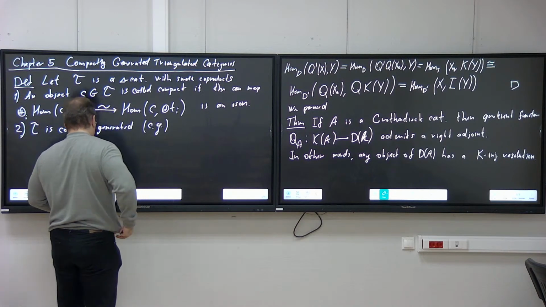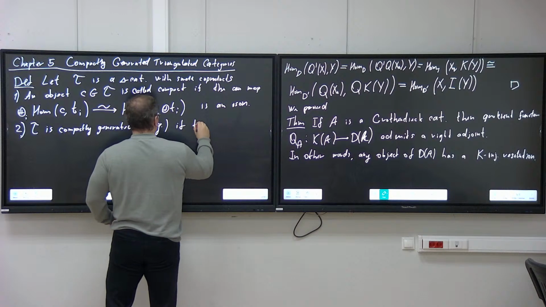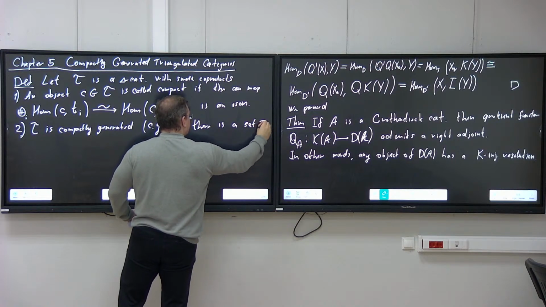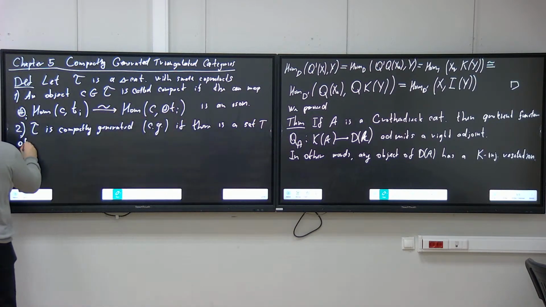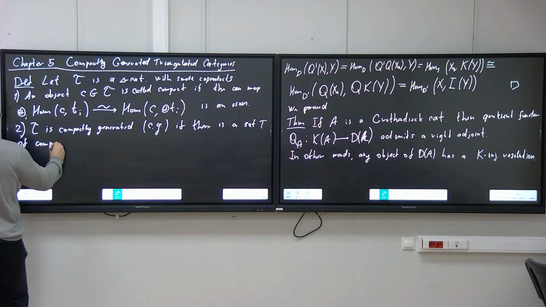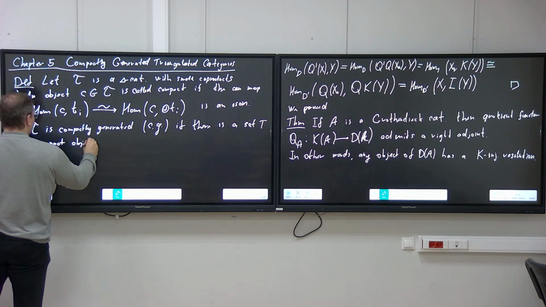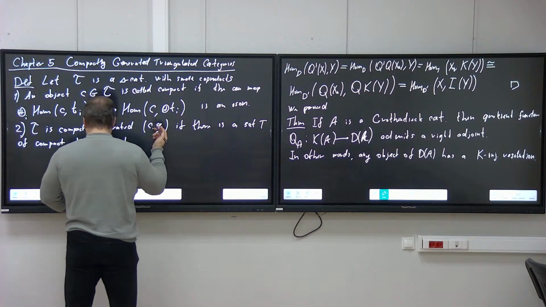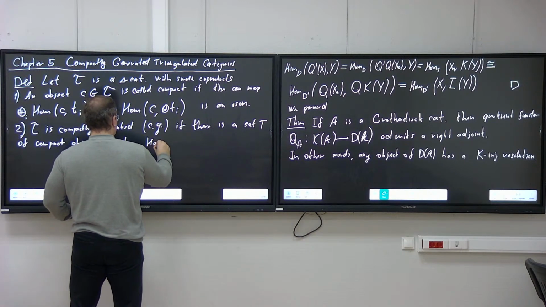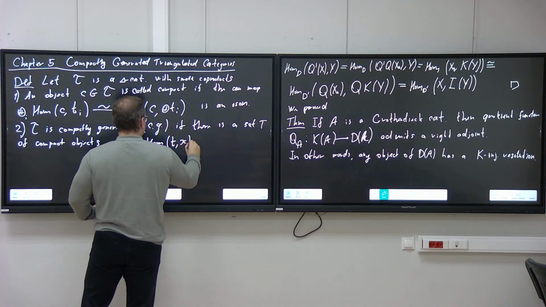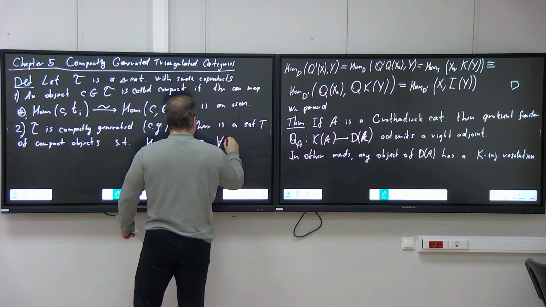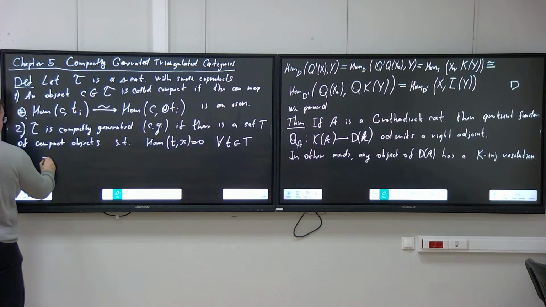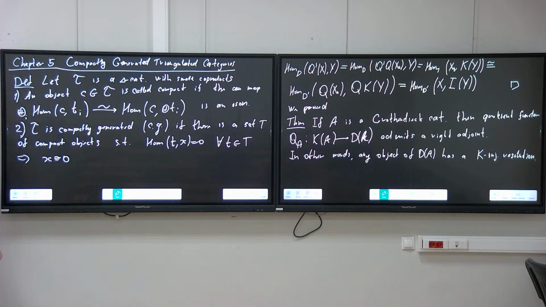Compactly generated if there is a set of compact objects, a set, let's call it T, of compact objects, such that when you compute the Homs from t to X and they are all equal to 0 for any little t in the set T, this implies that the object X is isomorphic to 0 in the category.